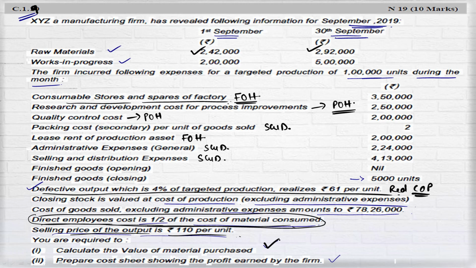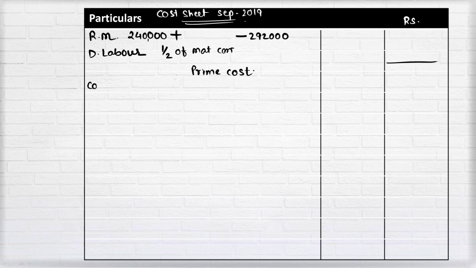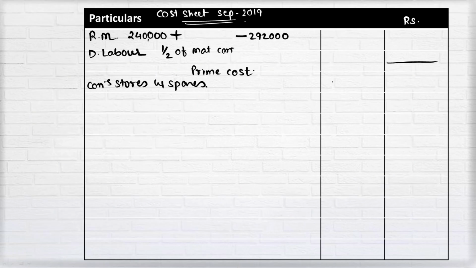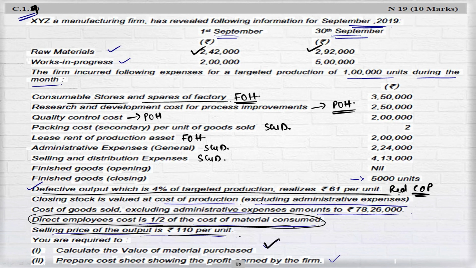Consumable stores and spares, I will be taking all the things which should be included in factory overhead. Consumable stores and spares of a factory, 3,50,000. Research and development, no. Quality control, no. Packing cost, no. Lease rent of production asset, 2 lakhs.